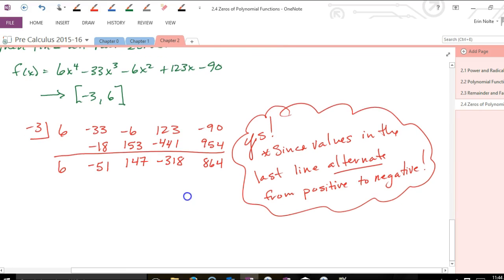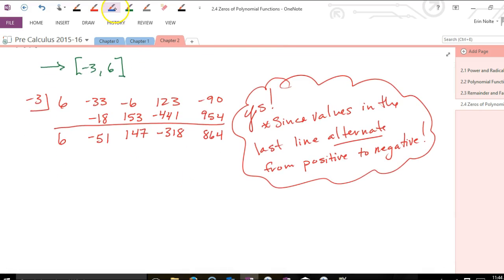So to prove something is an upper bound, let's do synthetic division and see what happens with the 6. Let me use a different color, sorry. Yes, the -3 is below all of the zeros. The furthest to the left. It is the lower bound of all the zeros.